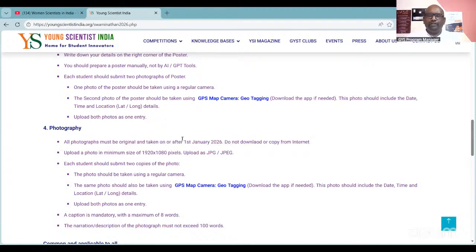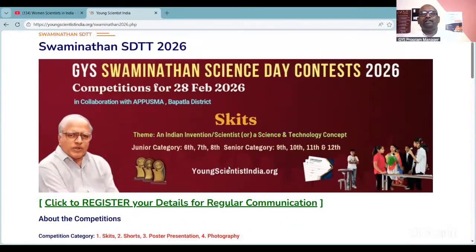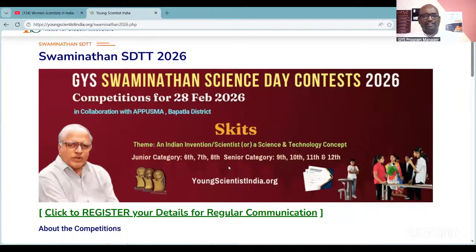So take the latest one, look around, observe which is suitable to present. Take a picture and narrate about that picture, right? So these are the four types of competition for Science Day 2023.